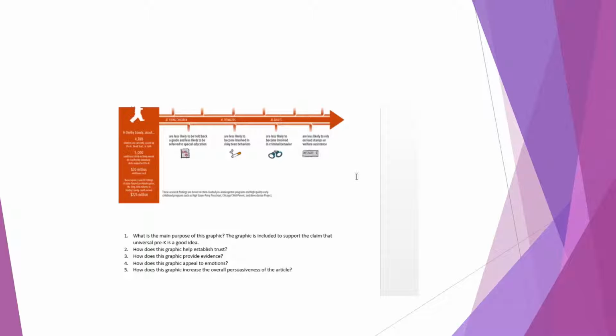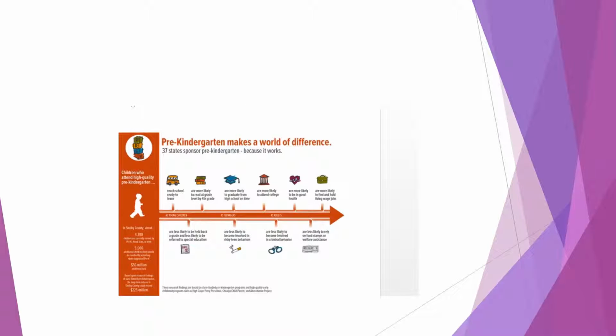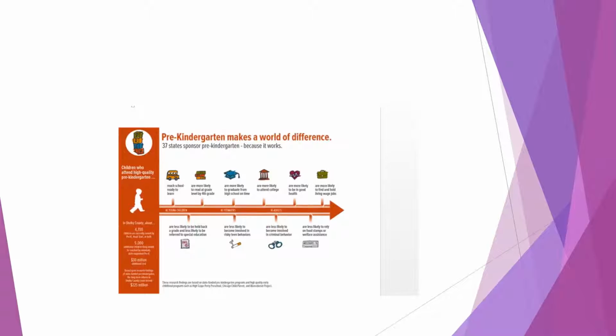Okay, so let's look at what this graphic does to establish trust. And remember, we need to know that whoever the author of this graphic is an expert, or they're using expert information. So one of the things that they do to help establish trust is down here in the tiny print. It references some specific schools that were very well done, and it tells where their research findings are from.